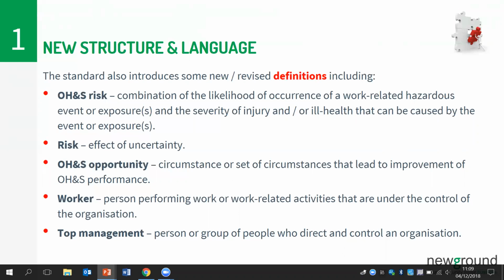The standard has also introduced some new definitions and also revised some existing definitions that were in the standard. I've listed here what I think are the most important ones to draw your attention to, and particularly the top two here around occupational health and safety risk and risk.